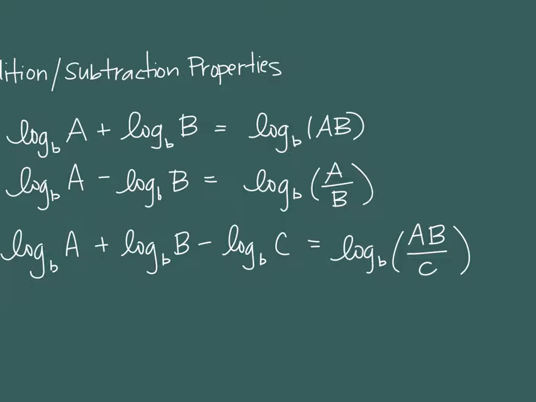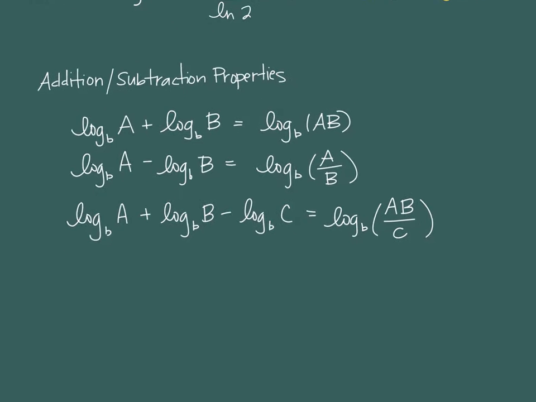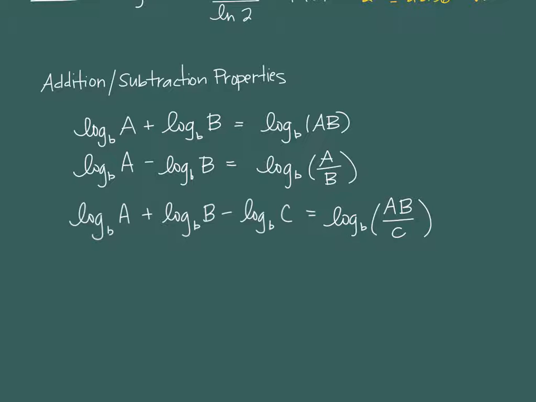And that would work out that way. That could extend for any length that you needed to. The addition parts become multiplication, which become part of the numerator, and the subtraction parts become division, or part of the denominator. All right, so let's put a box around that. Those are the properties for addition and subtraction.